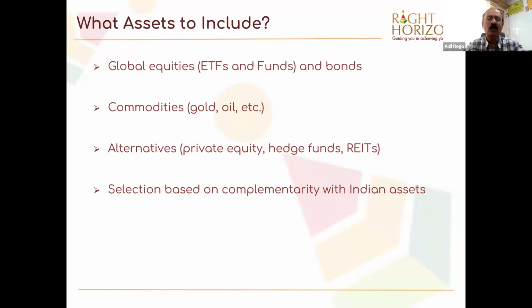Now, typically, what are the assets that we should include? If you go back and see globally, when you look at equities, ETFs have become the standard. ETFs are basically exchange traded funds, and they are also low cost. Especially in developed markets, cost optimization becomes very important because the overall return may not be really large.